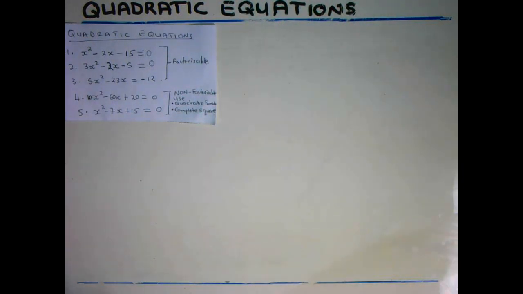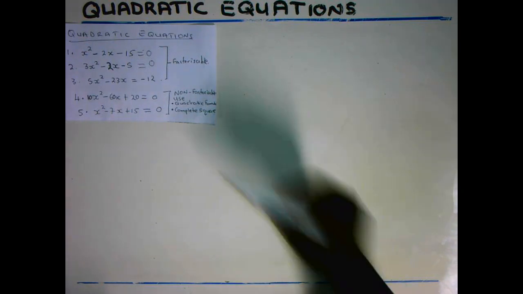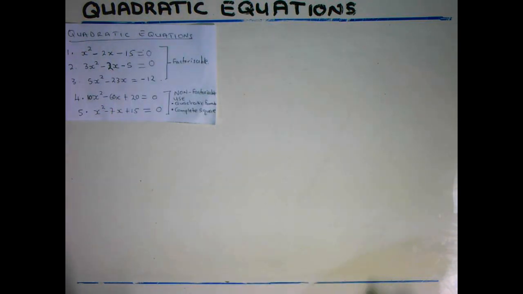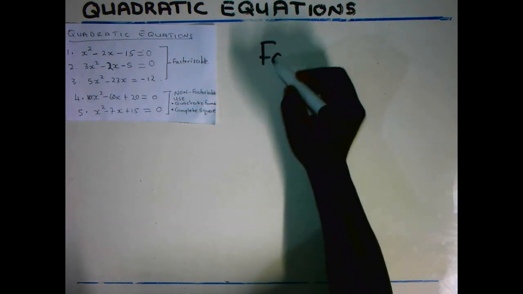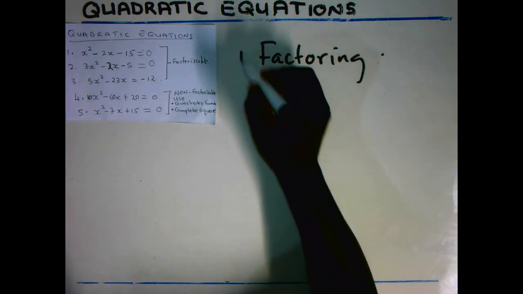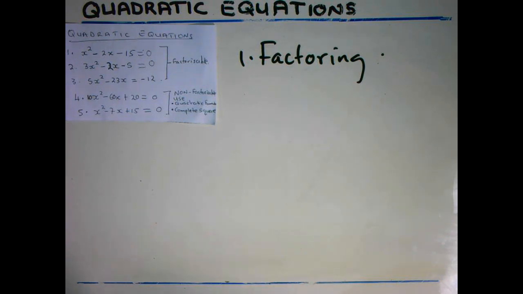Now, we want to demonstrate here how to solve a quadratic equation. There are 3 methods that are available for us. As you can see, equation 1 up to 3 are all factorizable. So we can use what we call the factoring method for equation 1 up to 3. Equation 4 and 5 cannot be factored.